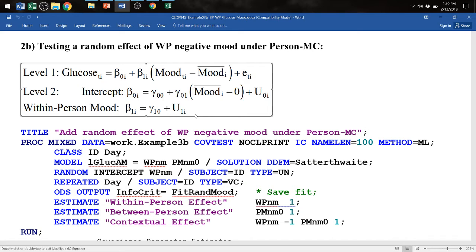I'm now asking, does the extent to which that happens vary by person? Does one's reactivity to negative mood vary across people? Are there individual differences in the effect of being grumpier than usual on log glucose the next morning?